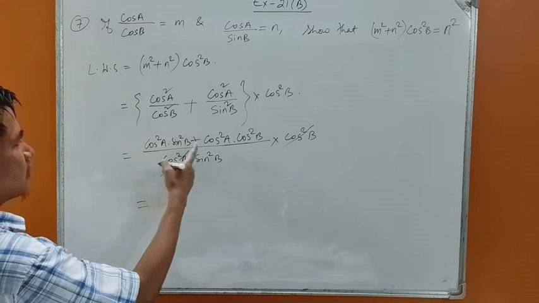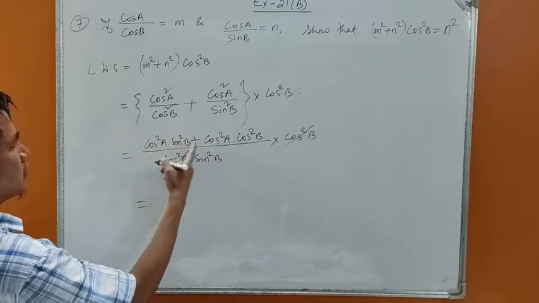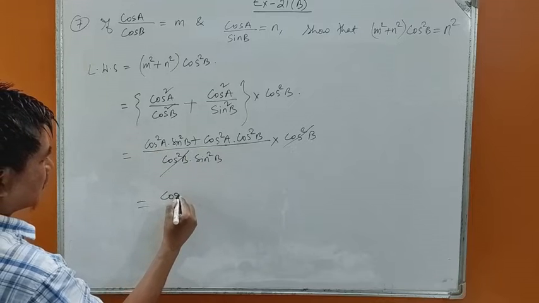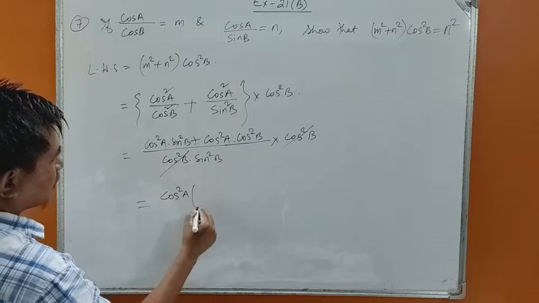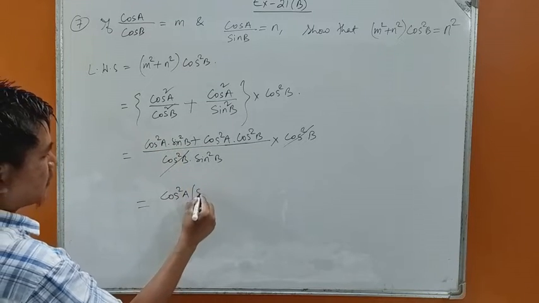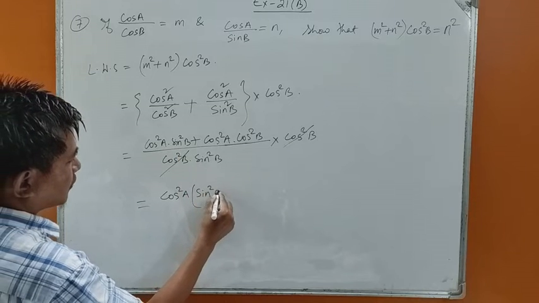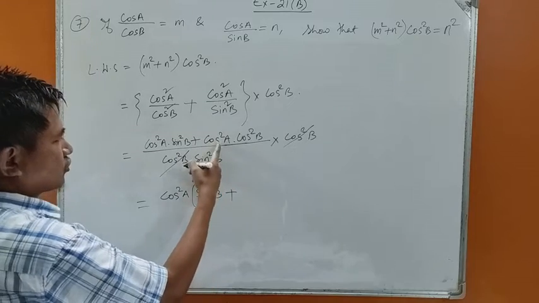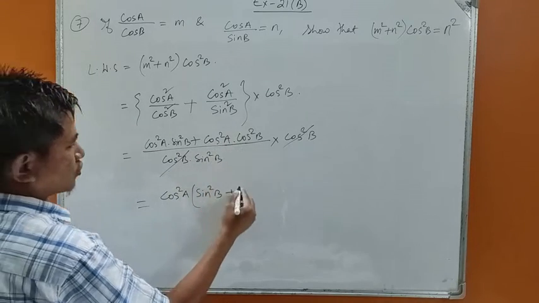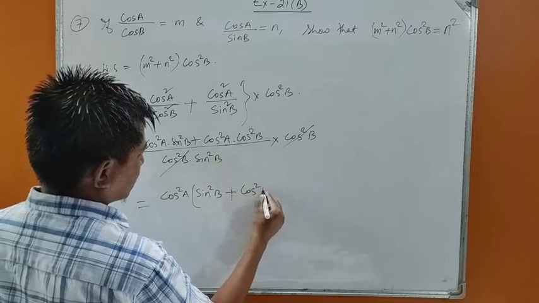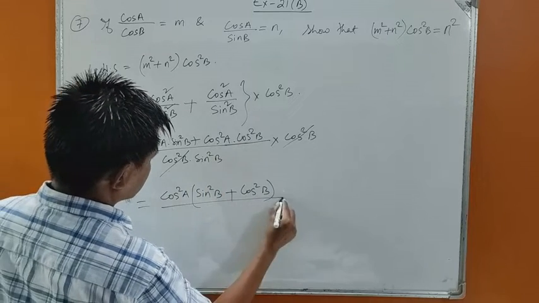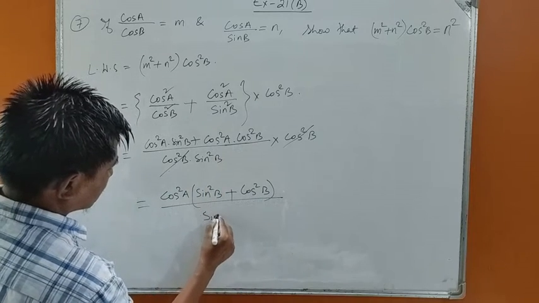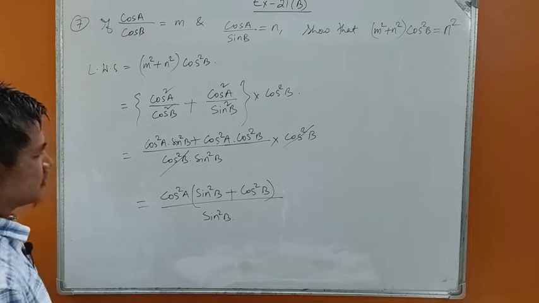So cos square a and cos square a can be taken common out. Within the bracket remains sin square b, plus cos square b, whole upon sin square b, isn't it?